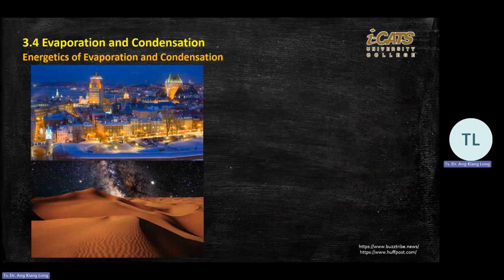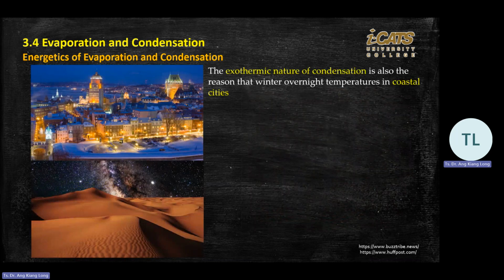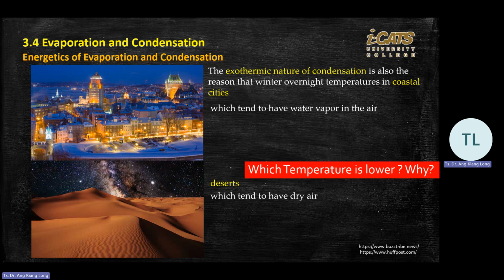Some application. So this is overseas. If you have cities near the coast, you will see exothermic process happen in nature. So if you're near the coast, it tends to have water vapor in the air.